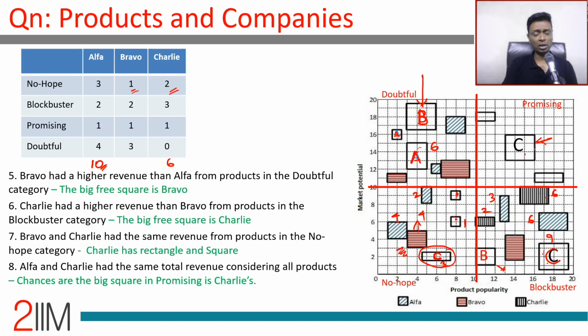I'm nearly 100% sure it has to be Charlie, because if this were Alpha, then these two would get cancelled, and then this 6 would get cancelled with this 6. These two small ones together would not even account for this. After that, we have a 1-2 unit thing for Charlie, and pretty much that's it. And so this cannot offset all the remaining alphas, or this one has to be Charlie.